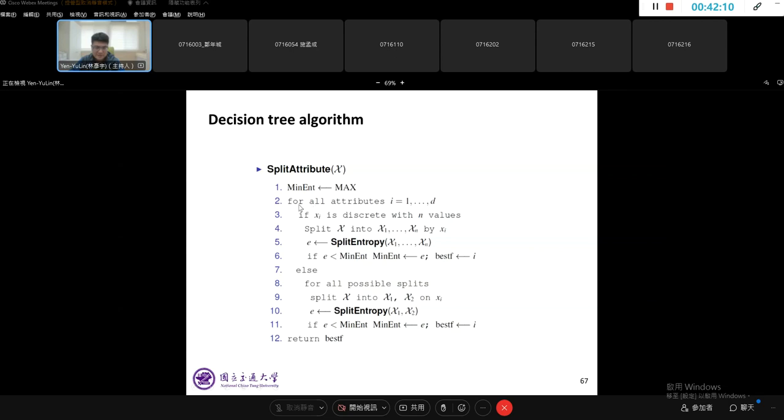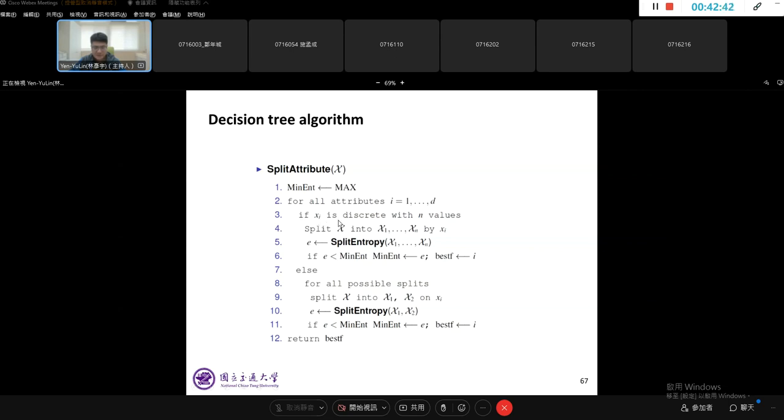So let's consider there is a for loop here over attributes. For each attribute, we need to consider one particular threshold, or we can calculate its entropy. There is an if-else instruction here. It is used to indicate whether attribute i is a categorical or real value attribute.